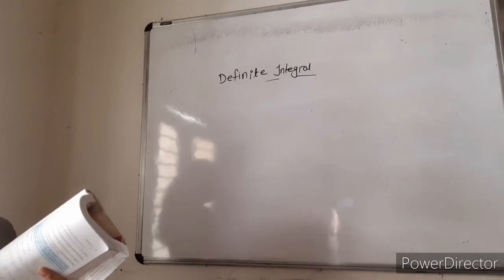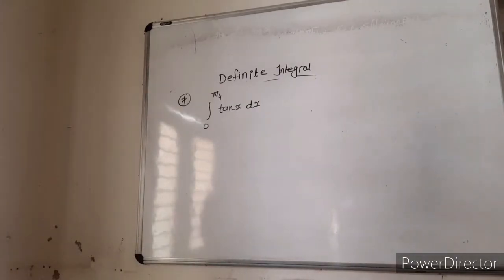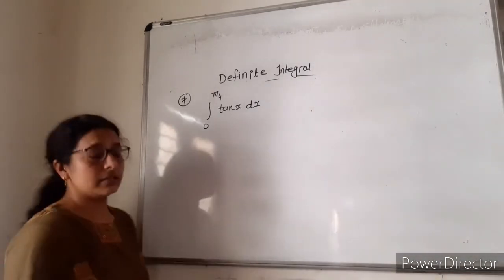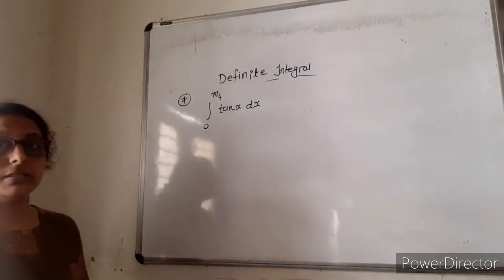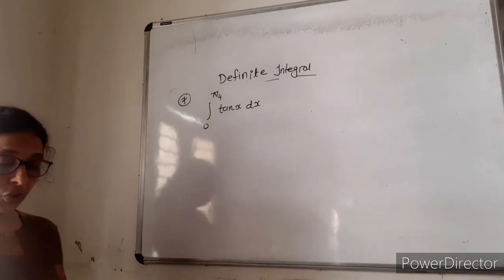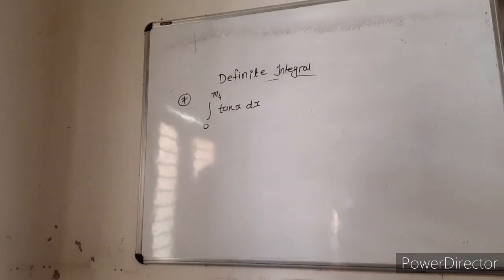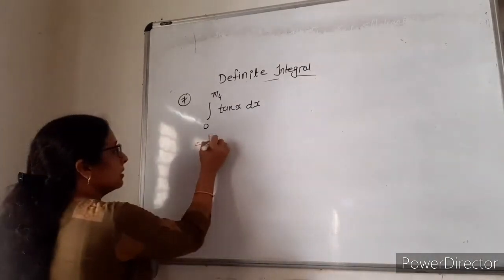Now we'll go ahead with question number 7. So here it is 0 to pi by 4, tan x. Now you know what the integration of tan x is. I have given you the formula: integration of tan x is log mod sec x.